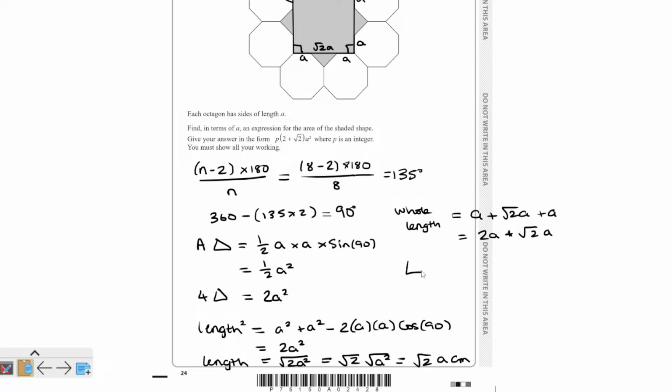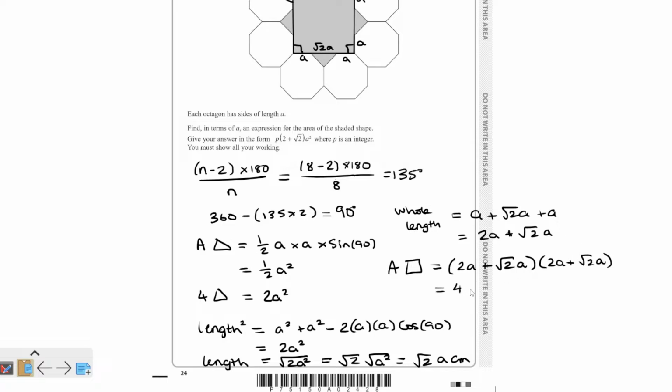So we know that's a square. So to work out the area of the square, obviously length times width, they're both the same, aren't they? 2A plus root 2A multiplied by itself is effectively double brackets, isn't it? So I would probably expand and simplify that now.